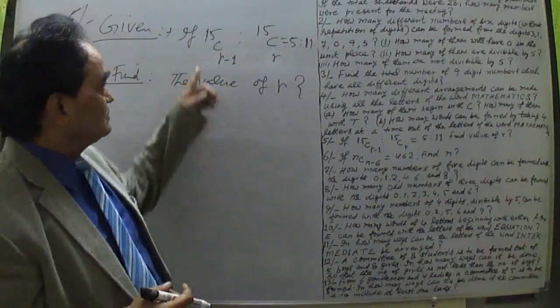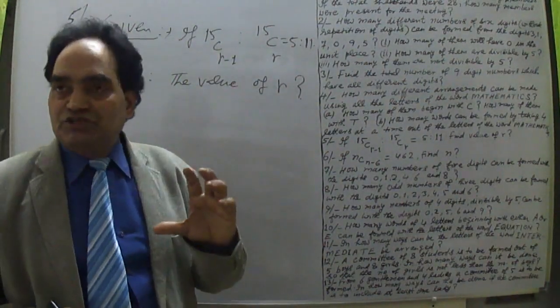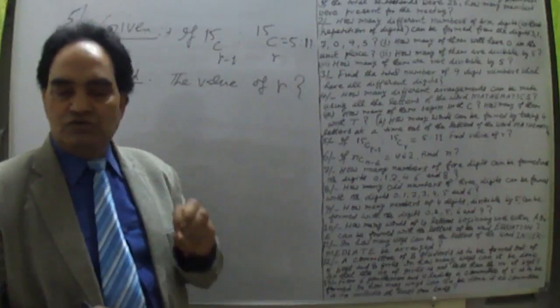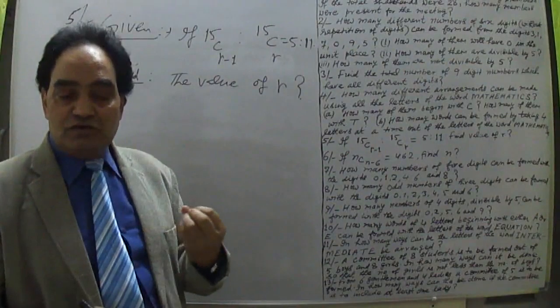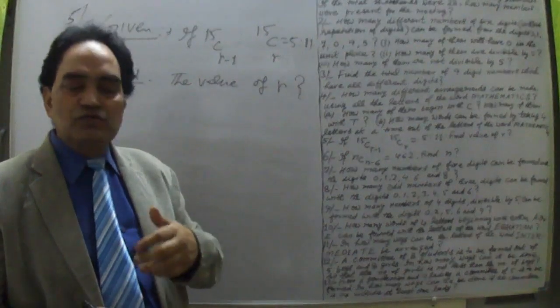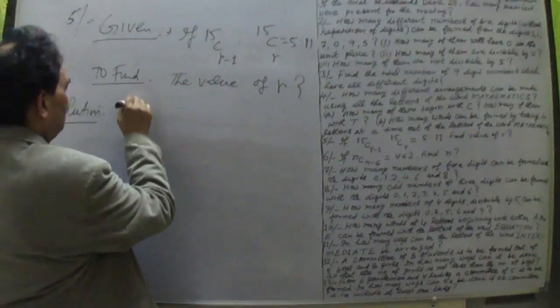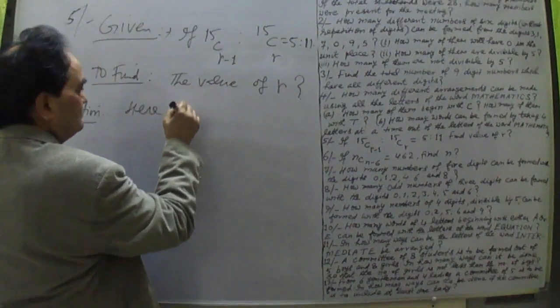We have to know what is the formula for combination. Combination nCr is factorial n upon factorial r into factorial n minus r in the denominator. Okay, in that way we will solve it.